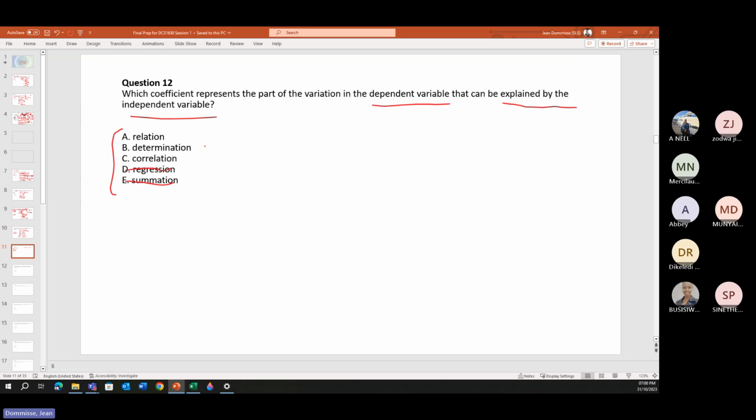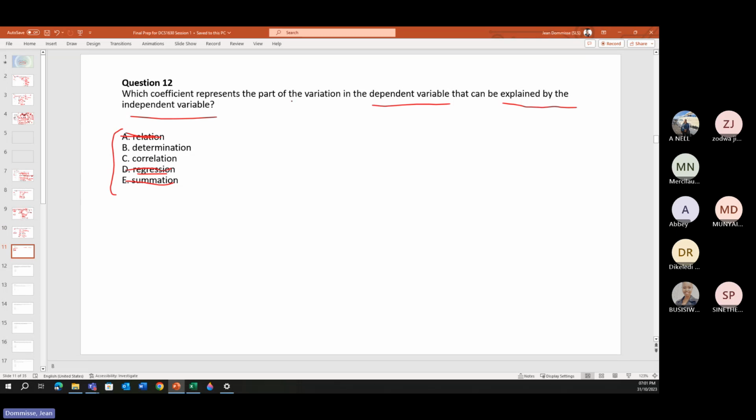We also get a coefficient of determination. But again, there is not something like a relation coefficient. So by eliminating some options, if you need to guess, there are two options.